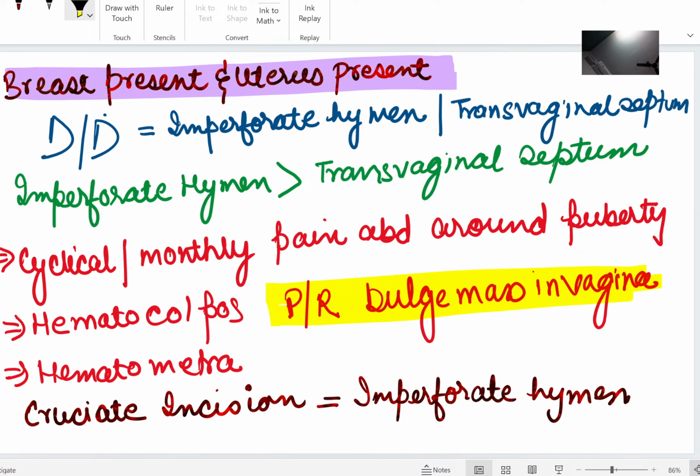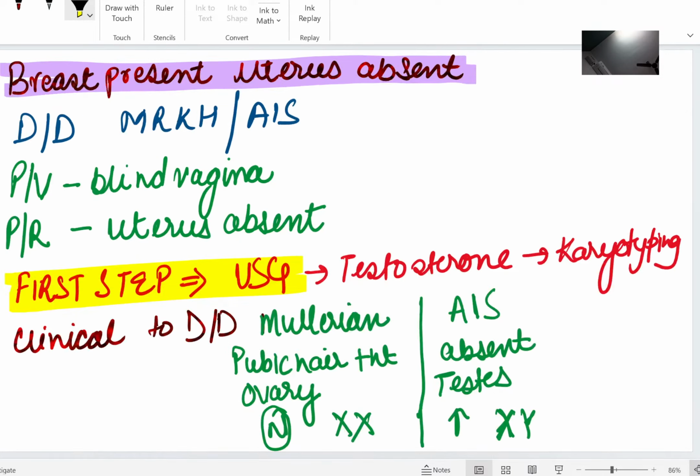What is the treatment of imperforate hymen? The treatment is cruciate incision, a cross incision. In the first category we studied that the breast and uterus were both present, and the differential diagnosis was imperforate hymen or transverse vaginal septum.